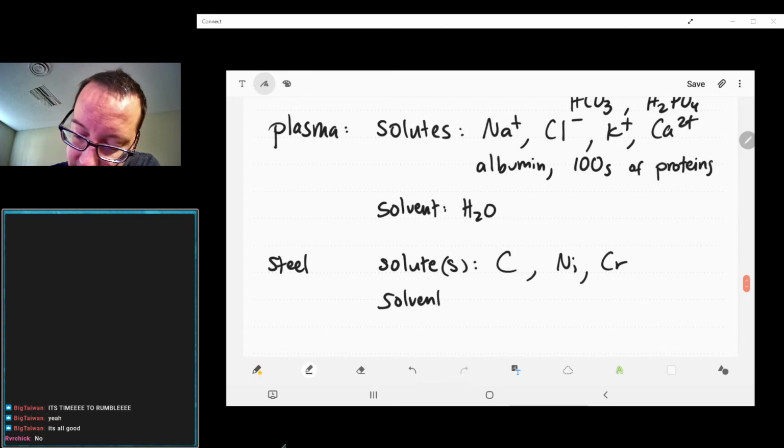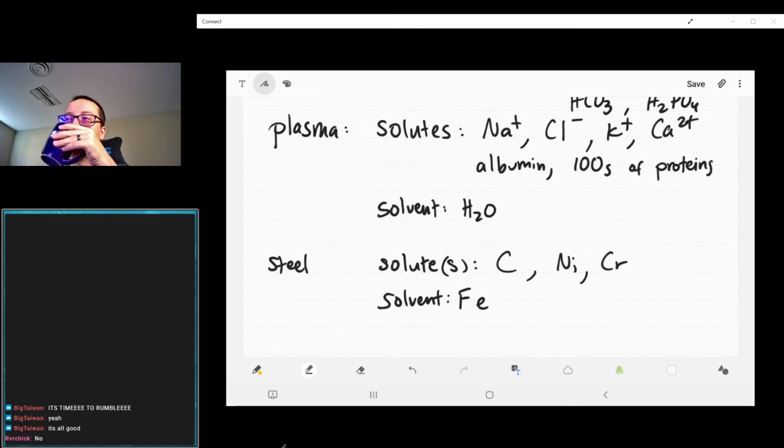And your solvent for this would be iron. Let's make that a little bit prettier. Does anybody know if there are other metals commonly used in steel? I've been watching Forged in Fire a lot recently, and I'm very enthralled by the process. So it'd be just cool to know.